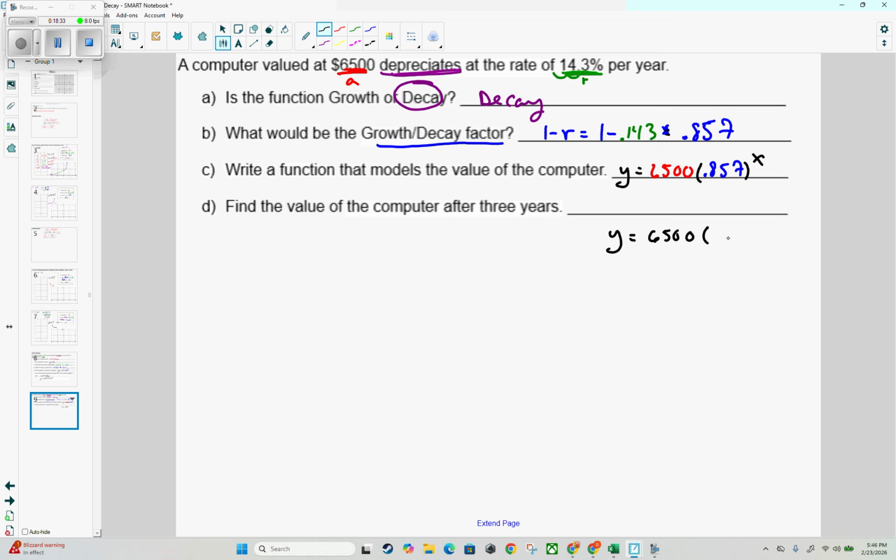So I would just type this into the calculator, put in 3 years, and I should have my value, which is roughly, remember it is a dollar amount, $4,091.25. That is what my computer will be worth.